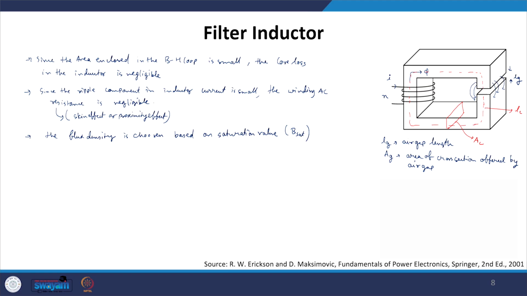So, we must ensure that the flux density we are getting in our inductor has to be less than this B sat value, or you can say the maximum flux density we can have in the inductor during operation must be less than the saturation value of the magnetic flux density. Similarly, one more thing we can say, as we have understood, is that the air gap is employed to avoid saturation.